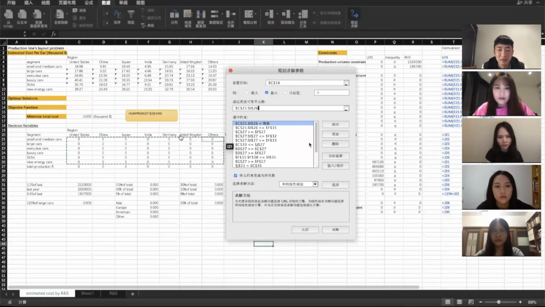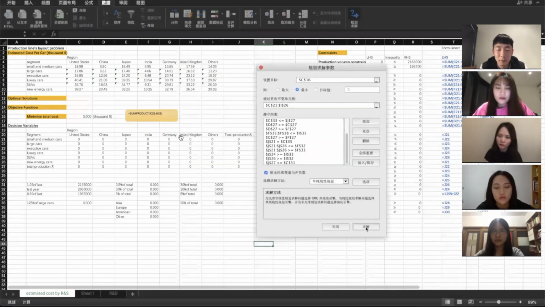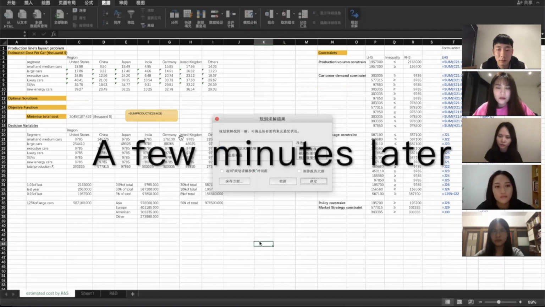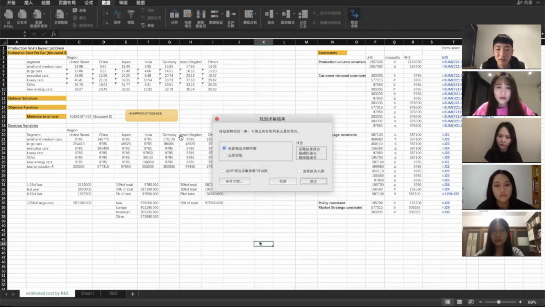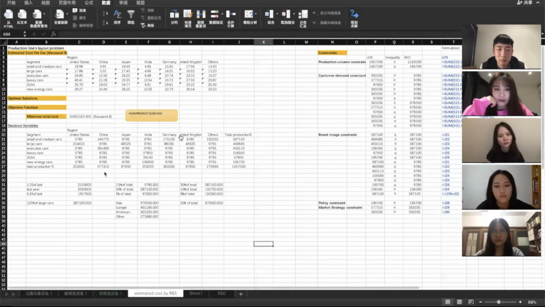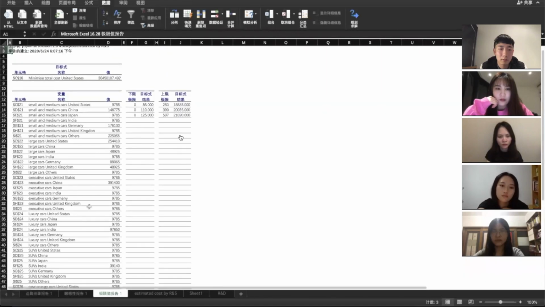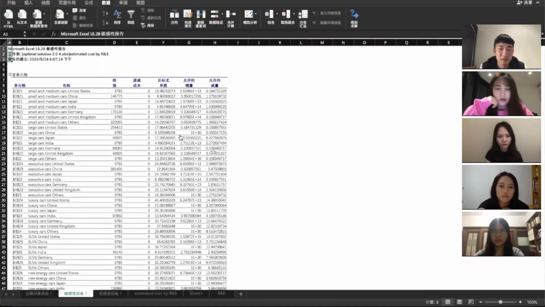This is the result, together with the variables. We get the solution with the sensitivity report and the exclusion report. As we can see, the result is here. And this is our sensitivity report.